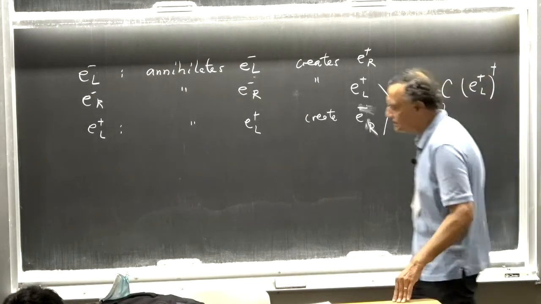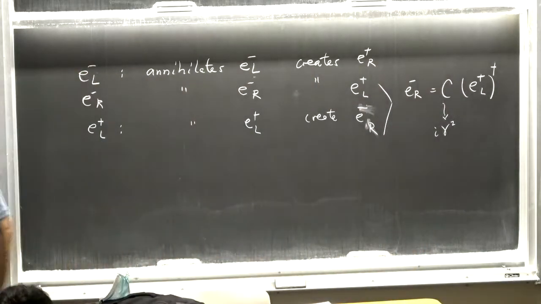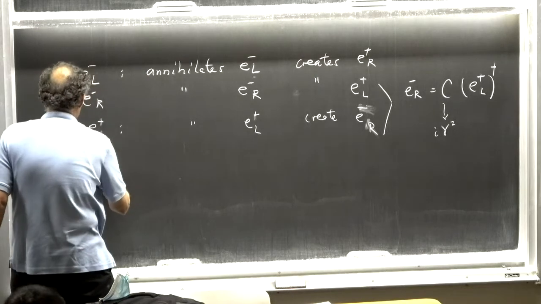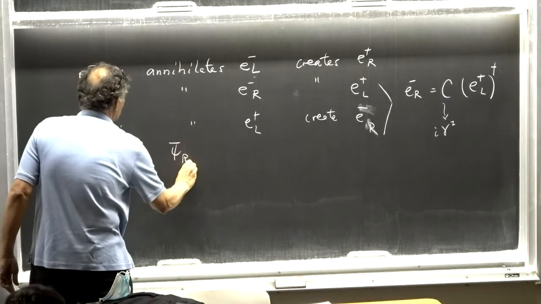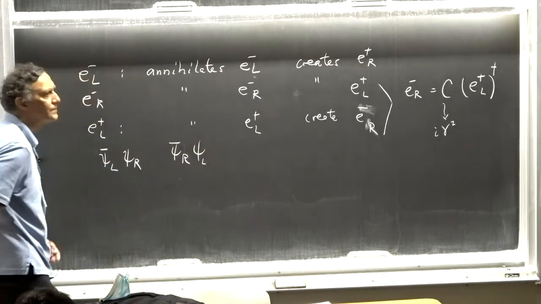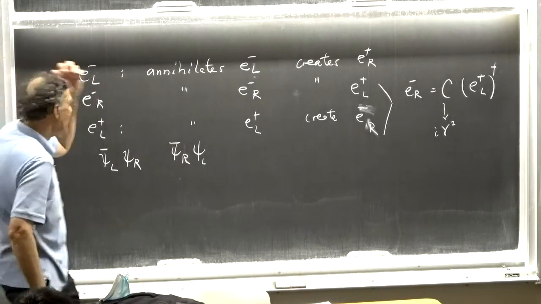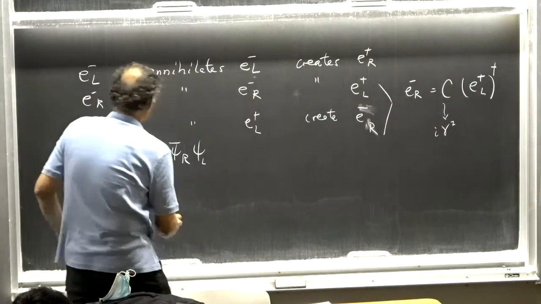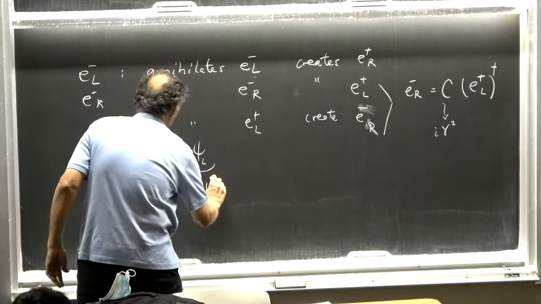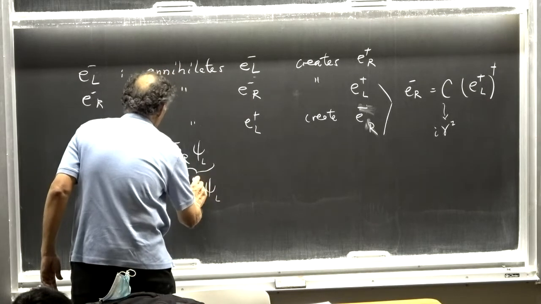And so when you have a mass term like psi bar psi, if you put in the projectors, there are two terms. There's a psi bar left, psi right, and a psi bar right, psi left. But because a right-handed field can be written as the dagger of a left-handed field, this term can be written as psi left, and I can call this the charge conjugate field psi left.